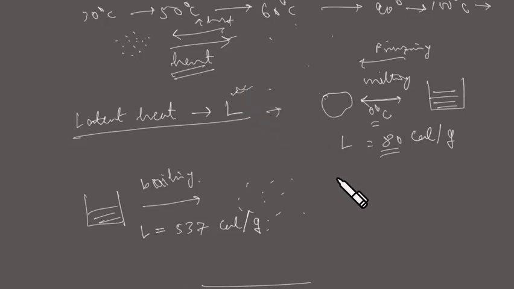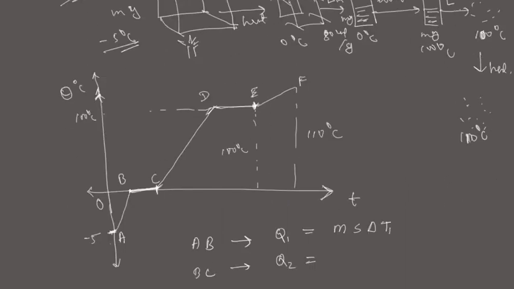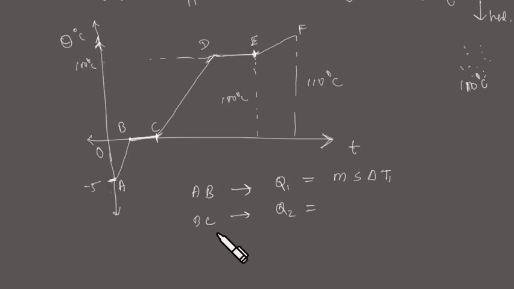That means for 1 gram of liquid we need L amount of heat, of course the temperature remains constant, to change the state of the whole body. For m gram of the body, to change the state, how much heat do we need? Of course mL calorie.